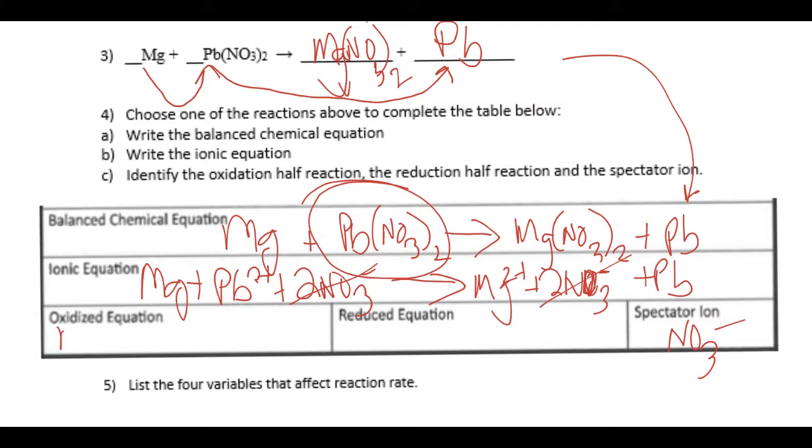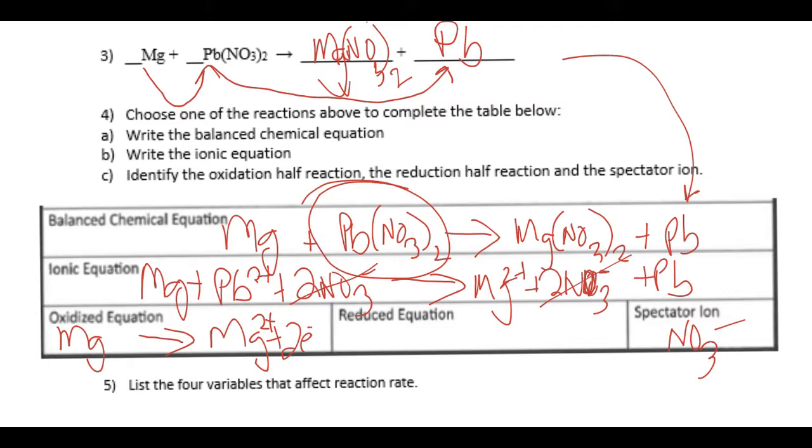If I look at my magnesium, I'll put some space there because I'm not quite sure yet. And I see that there is a positive ion, magnesium 2 plus. All right, so it looks like that magnesium lost 2 electrons, and indeed it did. So it would be oxidized right there.